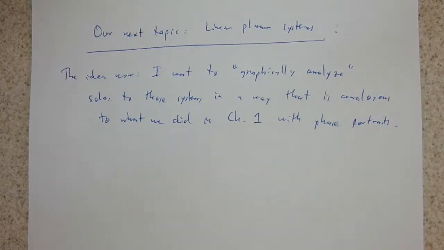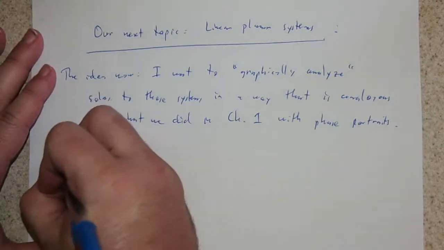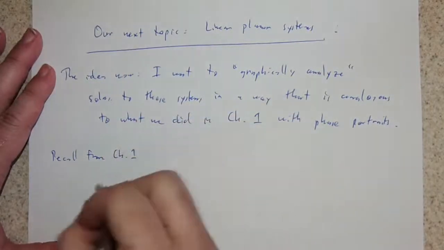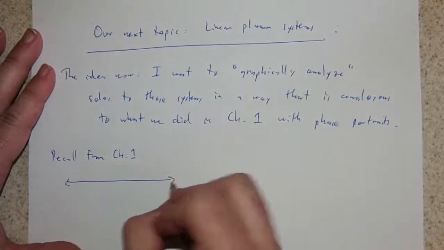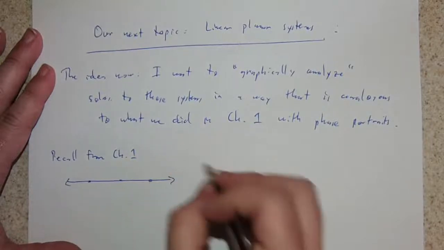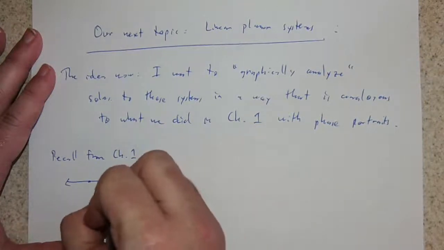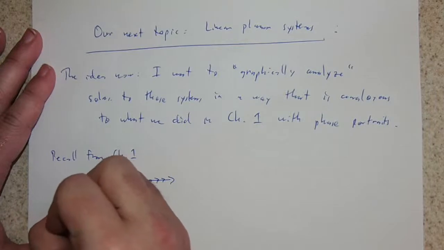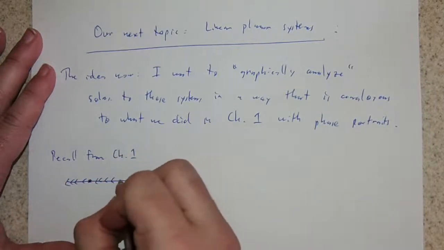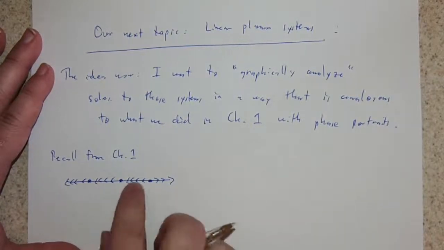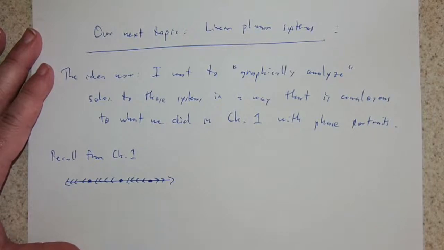So recall from chapter 1, if I had a phase line for some problem that maybe looked like this, here are my stationary points, and here's the behavior indicated by the sign of the derivative between these stationary points.